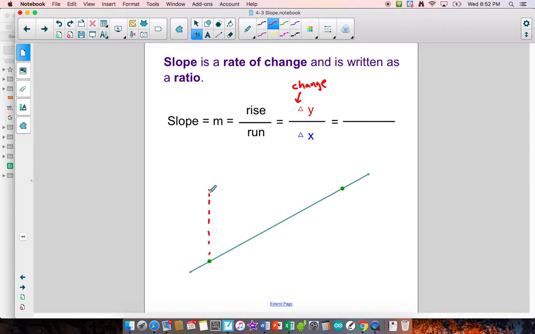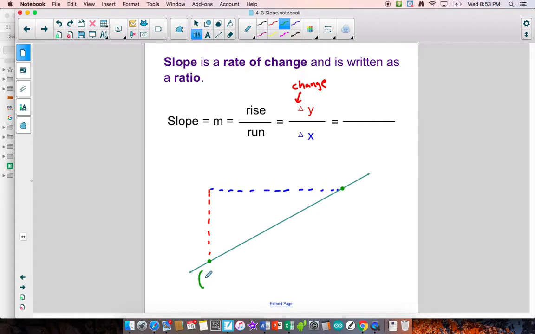I'm going to go one more. Cool. And how about the change in x? That's my run. How far did it go over in the x direction? Remember, x goes horizontally here. This is my change in the x direction. And so this point right here, I'm going to list this point.